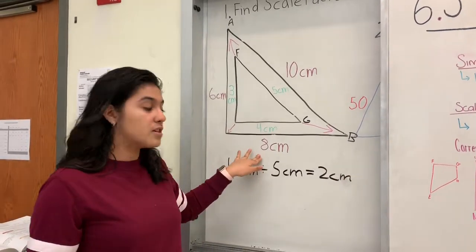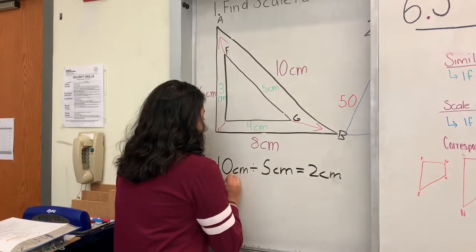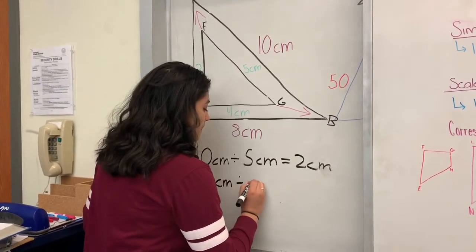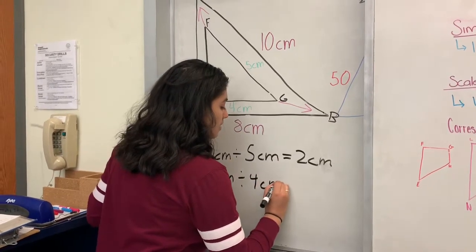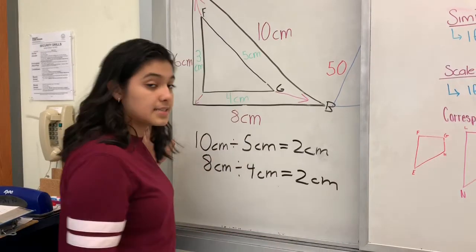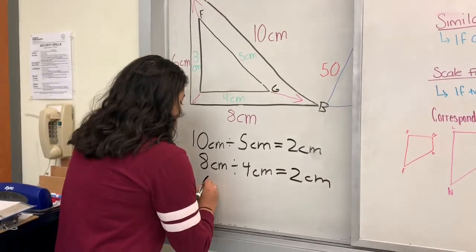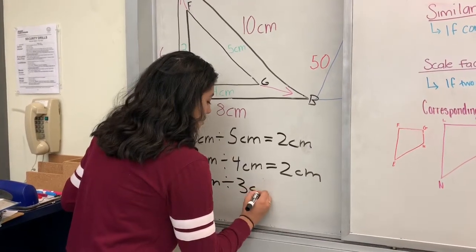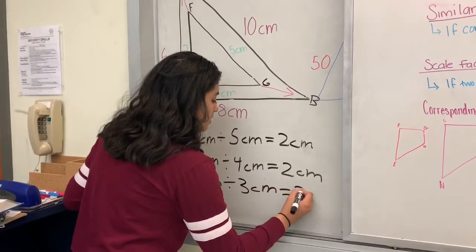And then we're going to do the same for this one, 8 centimeters divided by 4 centimeters. And then we're going to continue on to the last side, which is 6 centimeters divided by 3 centimeters, which also is going to give us 2 centimeters.